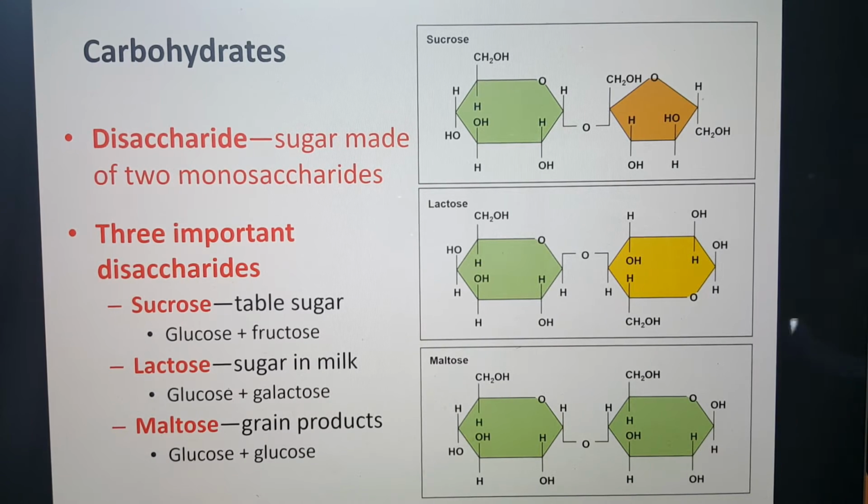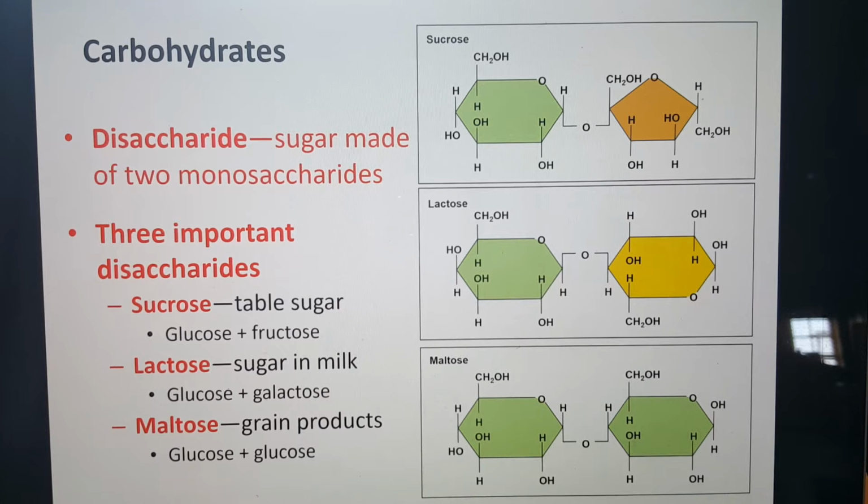Okay, so we take 2 of those monomers, we put them together, and we create a di, meaning 2, a disaccharide. We create sucrose, which is table sugar, and lactose, which is the sugar found in milk. People who are lactose intolerant have lost the ability to break down lactose. We're able to do that as a child, as a baby, when we're still nursing.